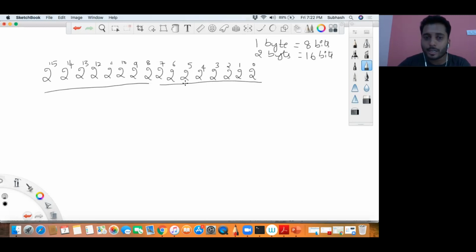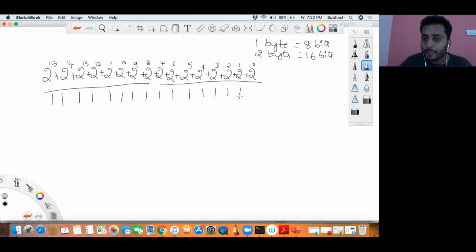So this contains 16 bits: 1, 2, 3, up to 16. Now, if you start adding each and every bit, all become ones. Everything becomes 1.